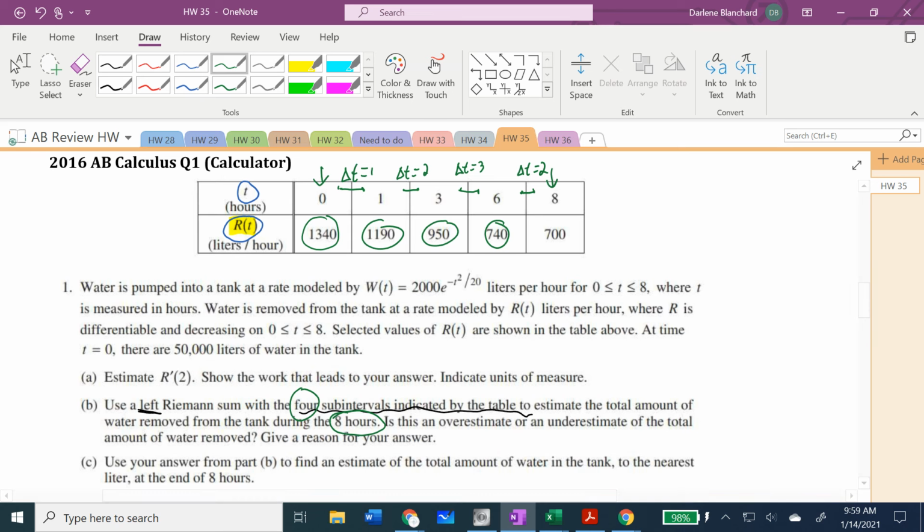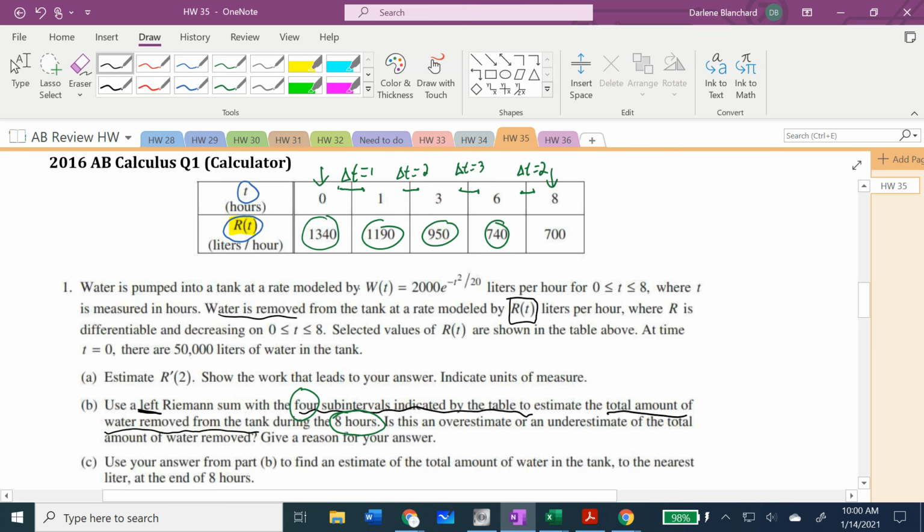So now what I'm going to do is write down the integral that solves what it is asking me to estimate. I am estimating the total amount of water removed from the tank. And as far as water removed, it is solely just the R of t function.